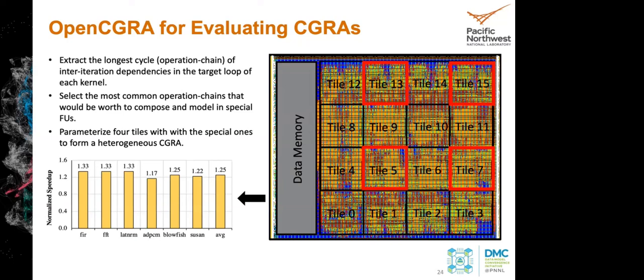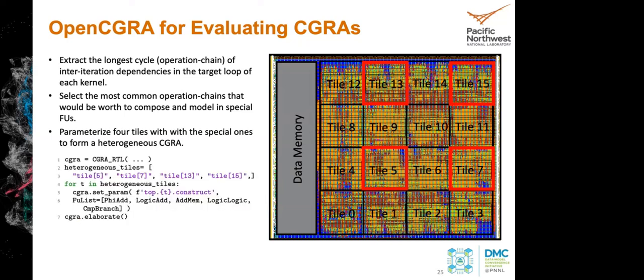However, parameterizing functionalities is not an easy task in existing frameworks. Normally, the frameworks allow users to parameterize the number of ports, registers, and tiles, but not the functionality. Fortunately, OpenCGRE's parameterization system can help you do this kind of parameterization before the module elaboration.